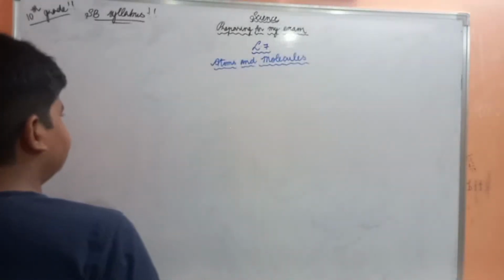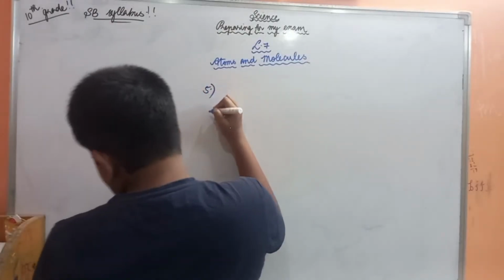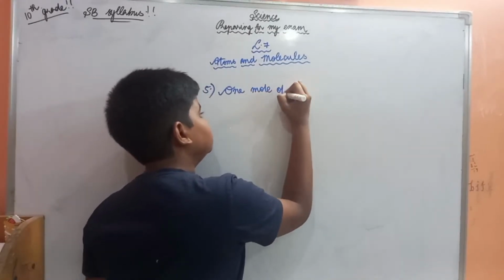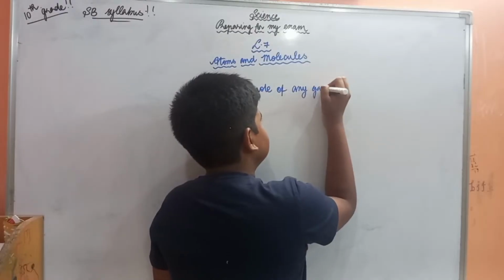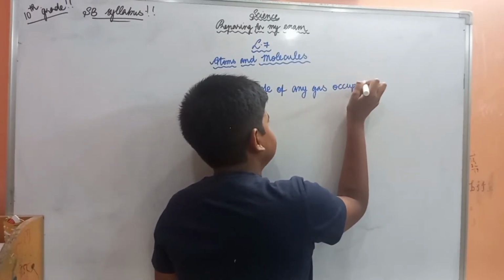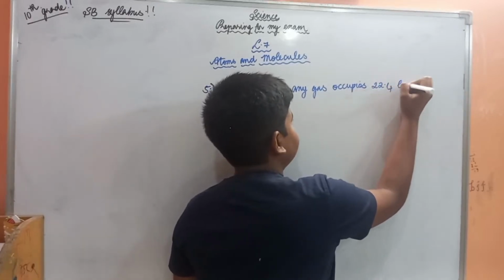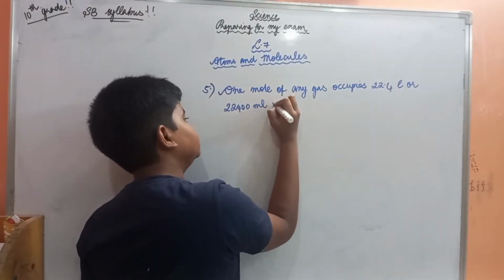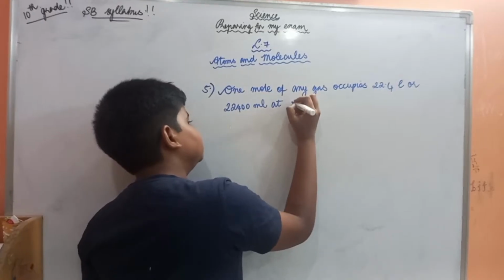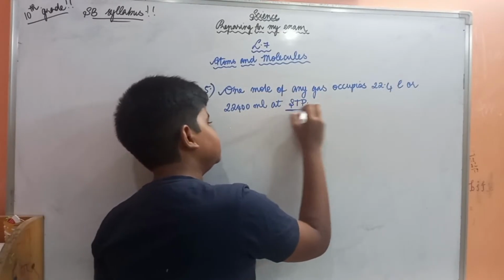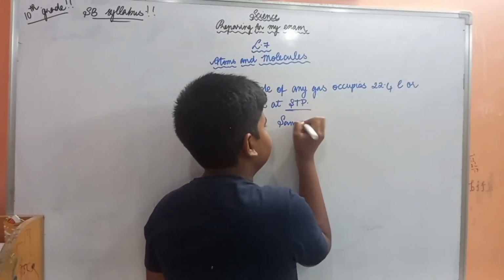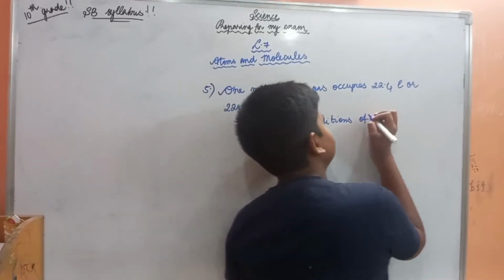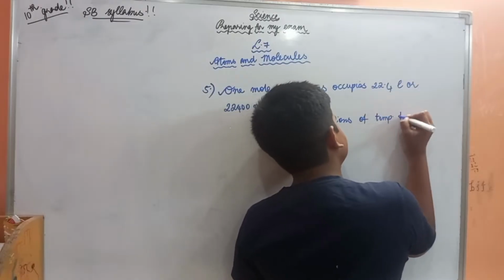Next is the molar volume of a gas. 1 mole of any gas occupies 22.4 liters or 22,400 ml at STP, which means standard temperature and pressure.